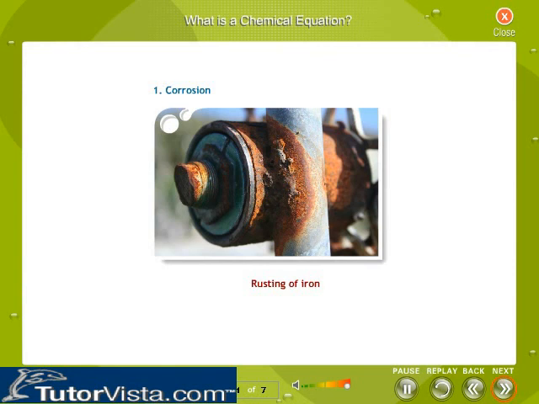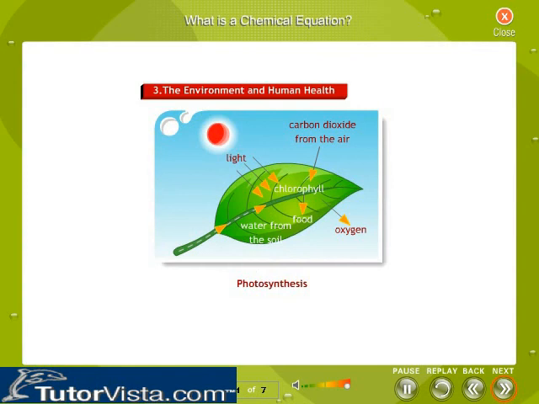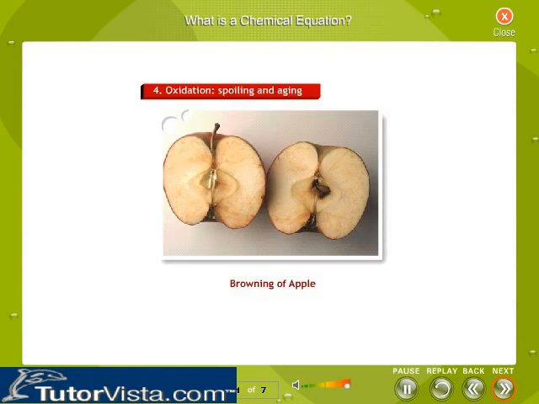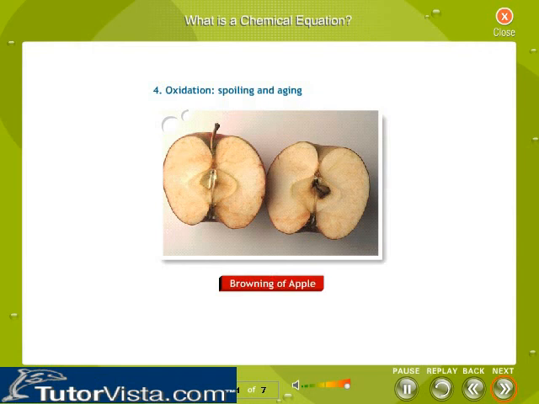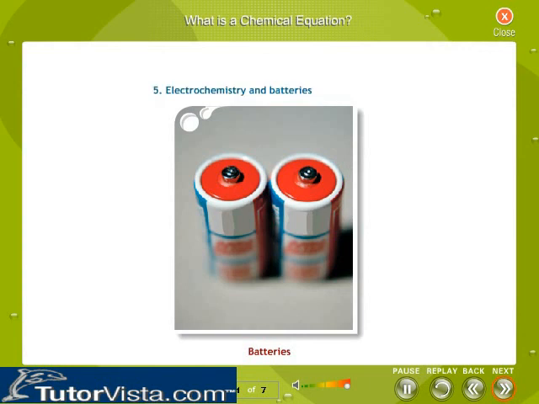Effects of oxidation reactions in everyday life. Corrosion, rusting of iron, fueling the space shuttle, the environment and human health, photosynthesis, spoiling and aging, browning of apple, electrochemistry and batteries.